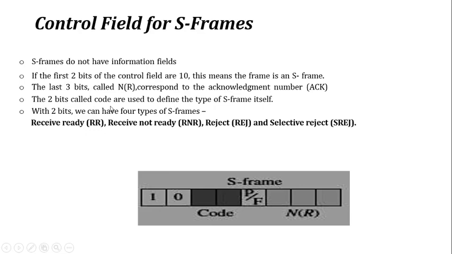The 2 bits called code are used to define the type of S frame itself. The types are RR, receive ready, RNR, receive not ready, REJ, reject, and the last one is SREJ, selective reject. Here you can see the diagram: 1, 0, followed by code, P/F and N(R). Okay, that is the S frame.